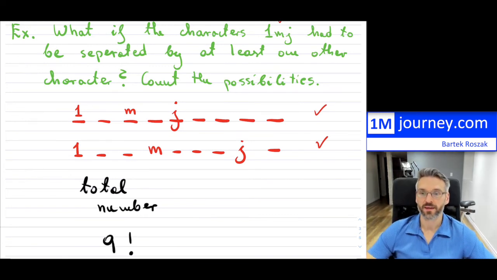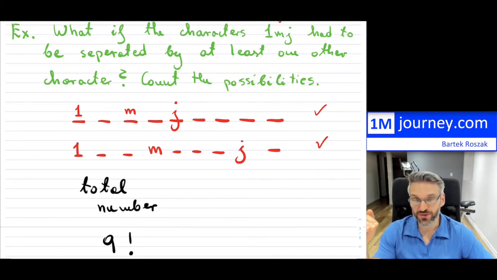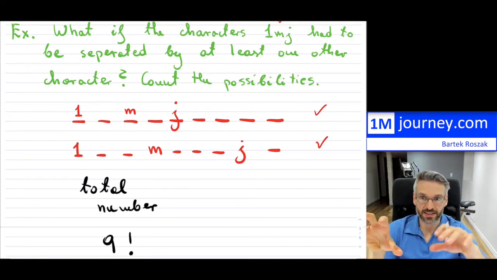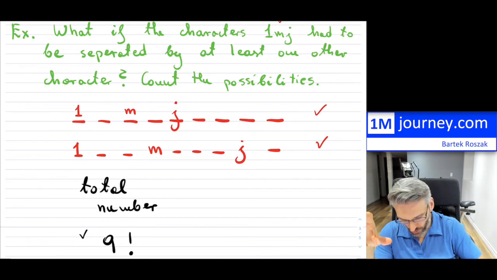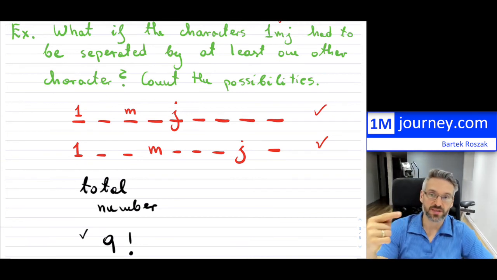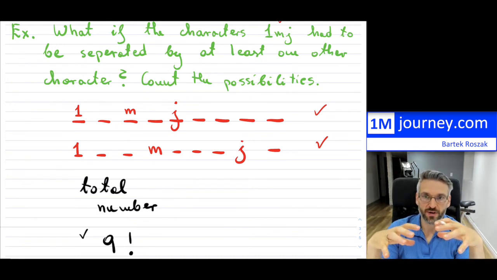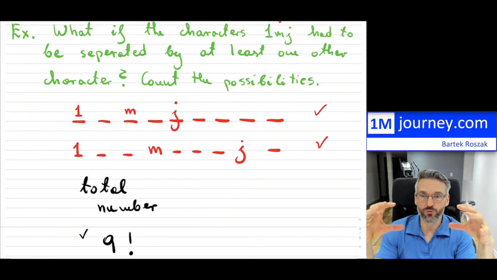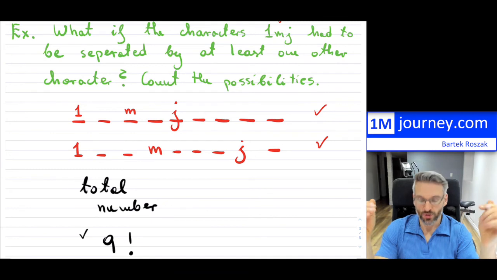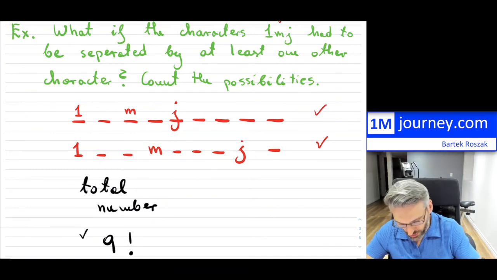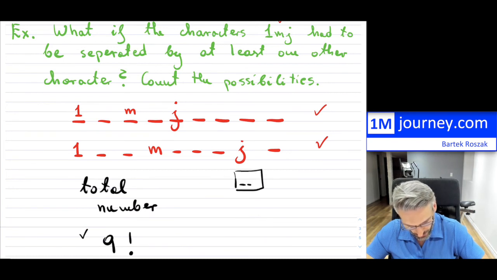Now, if I wanted to count that they're separated by at least 1, that's hard. But what I know is that if I have the total, I can do the opposite. So think about, what if they are grouped together? What if they start to be grouped together in some particular way? Then you would create a grouping of 3.